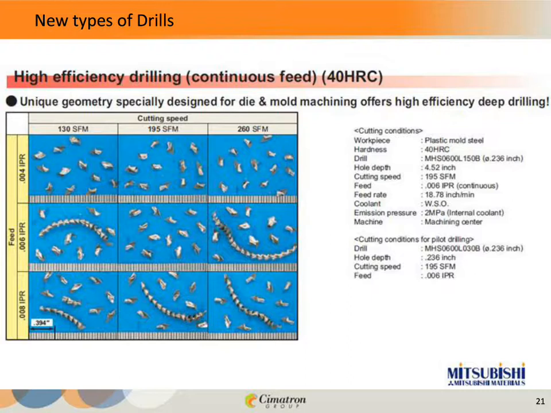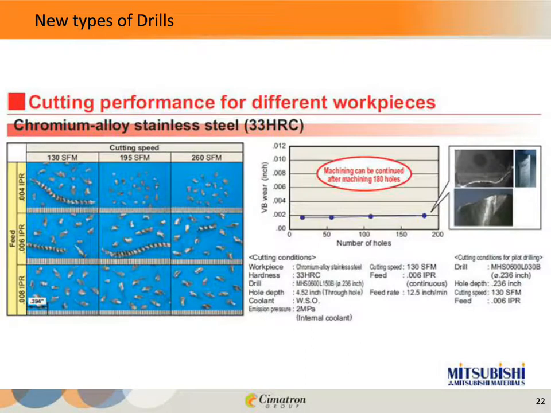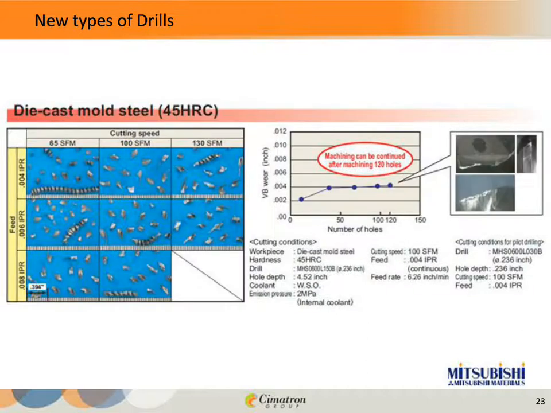This is, again, the same conditions in a chromium alloy steel. And here's one with a die-cast mold steel of 45 Rockwell.